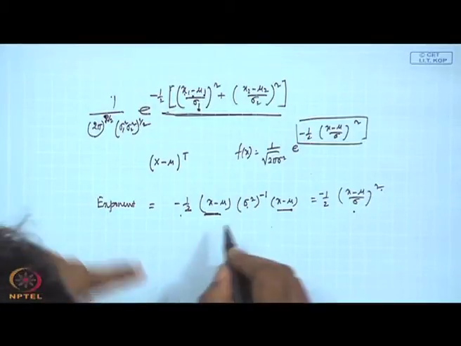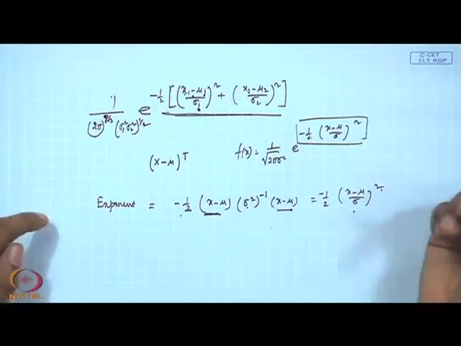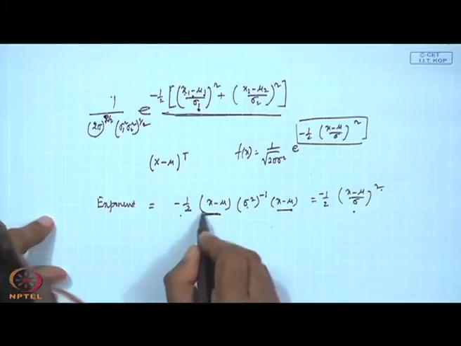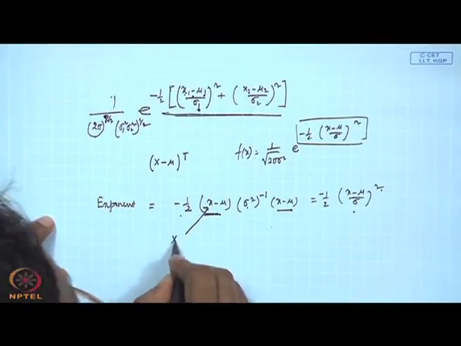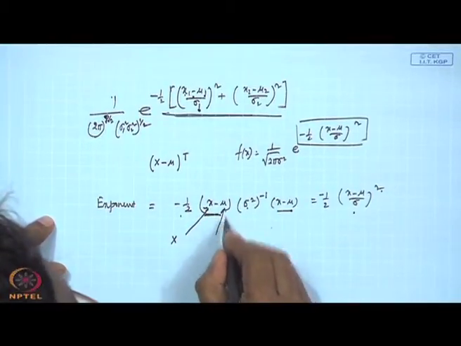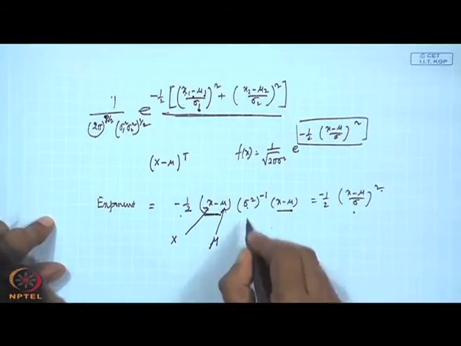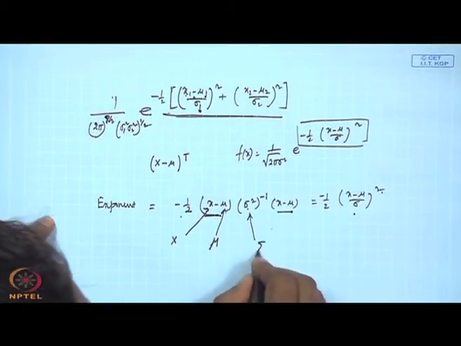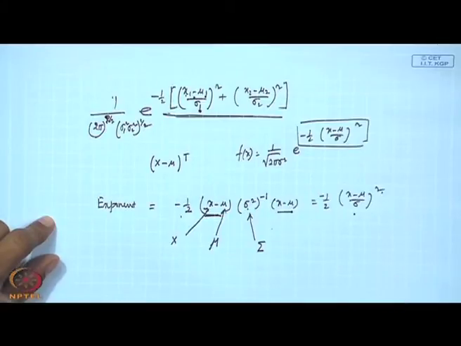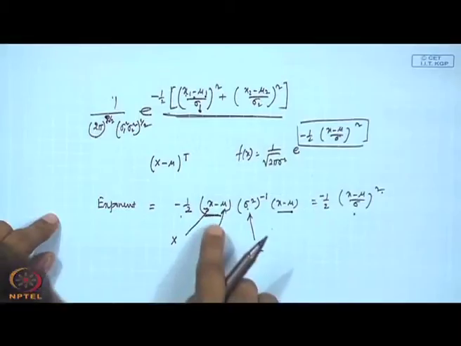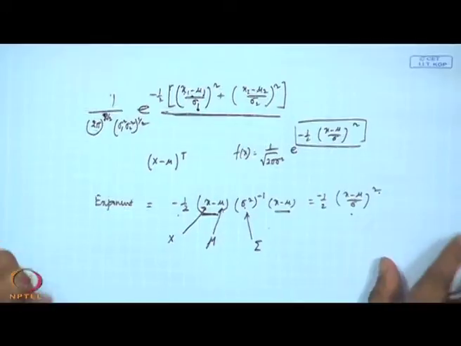Now if you go to the multivariate case, what will happen? Your x is replaced by capital X, mu is replaced by bold mu, sigma square will be replaced by sigma. Now in matrix multiplication, what will be the square? Transpose that matrix, x transpose x, that is the square term. So we are basically making the square here.